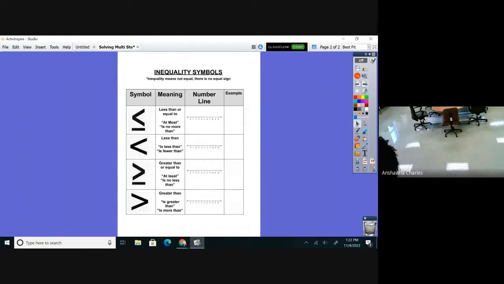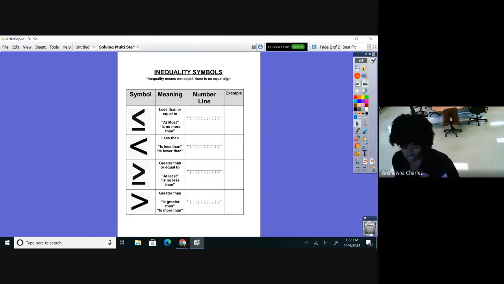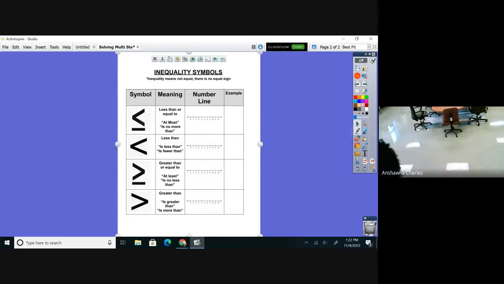Okay, we're going to go to the second back page first real quick, and then we'll come back to the front for the example. So we had inequality symbols. Inequality is not equal. There is no equal sign. So we have the less than or equal to sign.